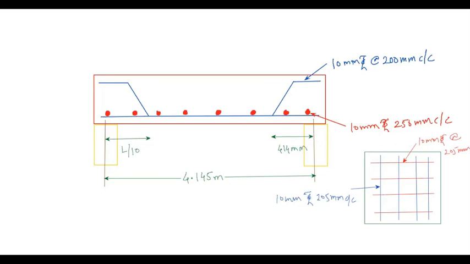And what is the length? The total length of the reinforcement is 829. So this is your torsional reinforcement, 829. At the corner, you are going to provide the bars like this. This is the plan. So in this way, this is the design of the two-way slab. Here we have covered all the slabs.